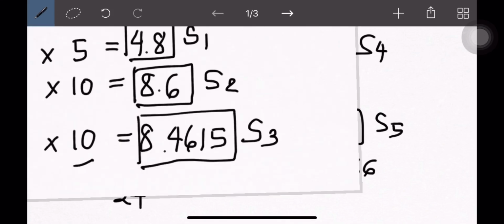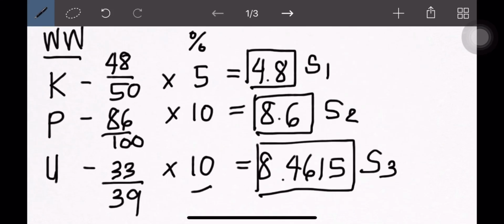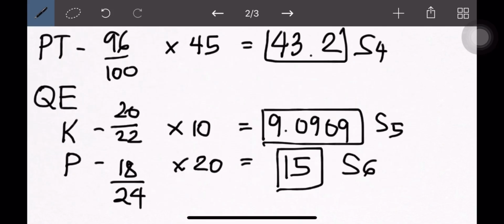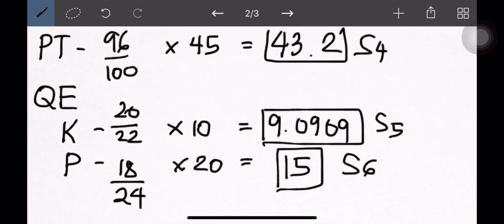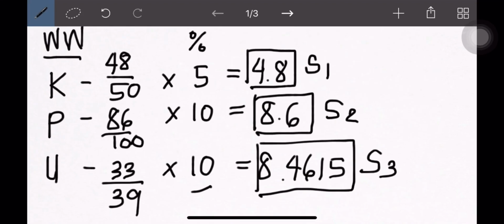So now we have computed the different scores from the written works until the quarter exams. Next step is to add. So summation of S1 to S6. So we will add all the scores of Rizal.